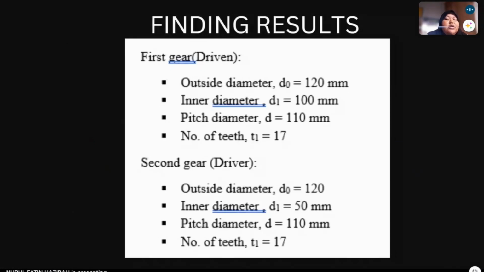The next one is second gear driver. Outside diameter is 130 millimeter. Internal diameter, so here it is wrong. The actual is also 100. The pitch diameter is 110 millimeter and number of teeth is 17.